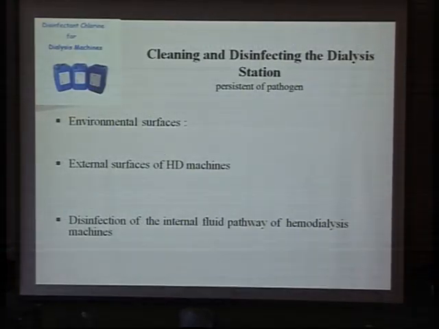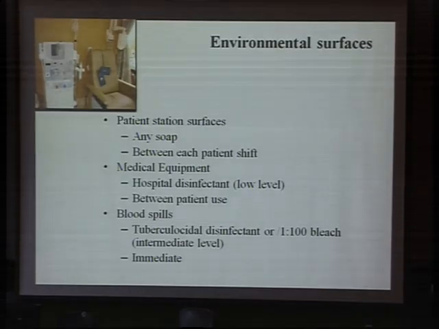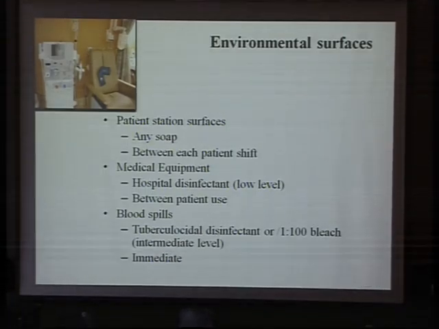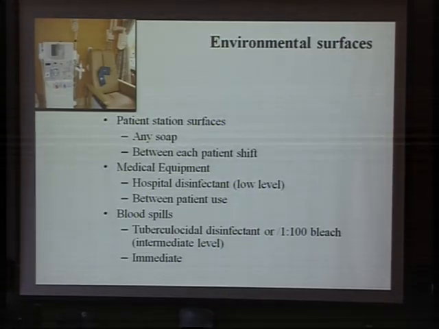How can we do it? We have several places: the surface, the machine itself, and the internal fluid pathway. For the machine, the internal and external environment, cleaning with soap should be done between each patient shift. The medical equipment is cleaned with a low-level disinfectant, but if the medical equipment is soaked by blood, you should clean it and then use an intermediate-level disinfectant.